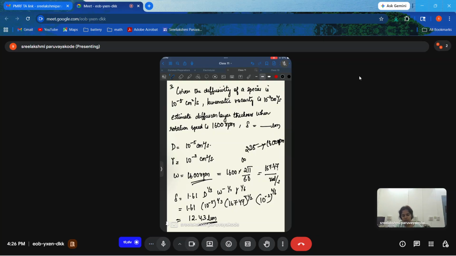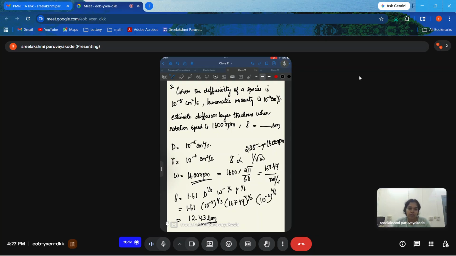Your boundary layer thickness is inversely proportional to the square root of the RPM. So when your RPM is increasing, you see that the boundary layer thickness is reducing.